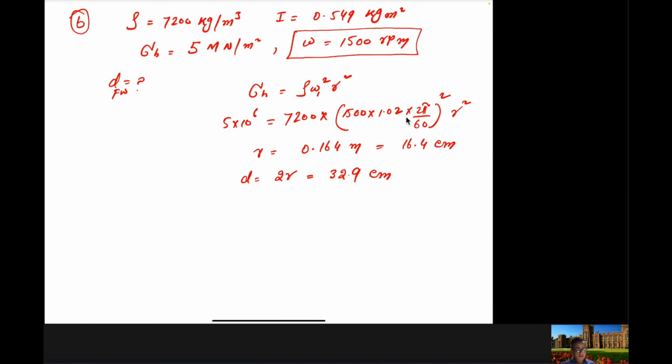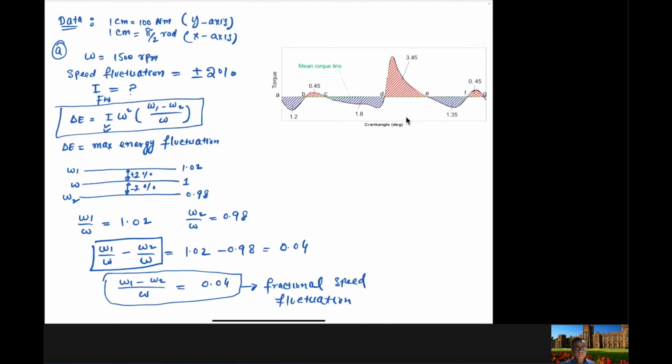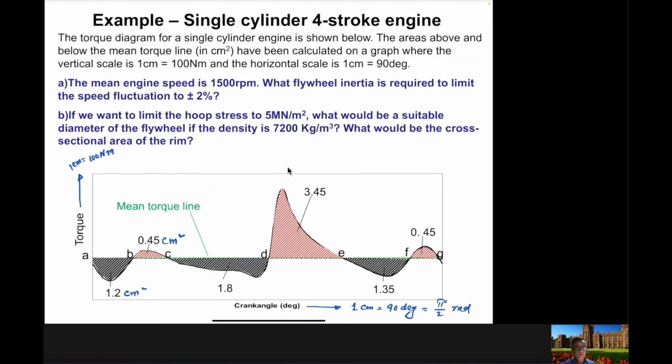Okay, and another thing that you need to calculate, which was again part of this question, part B, is if you go to the question here. So we managed to calculate a suitable diameter of the flywheel if the density is this.